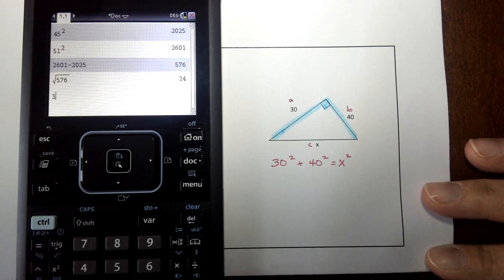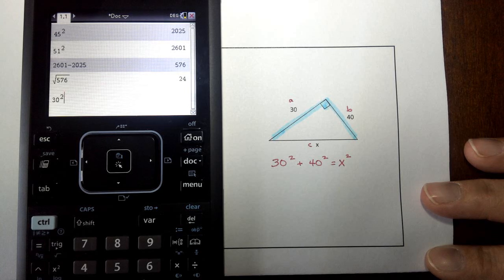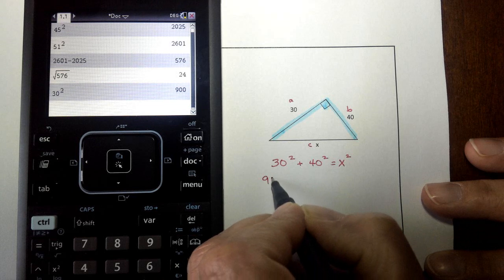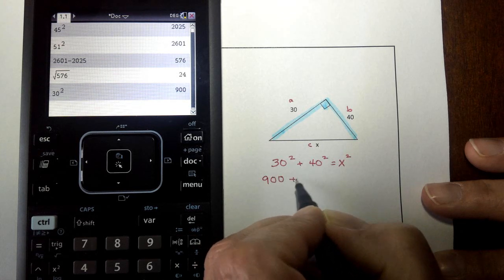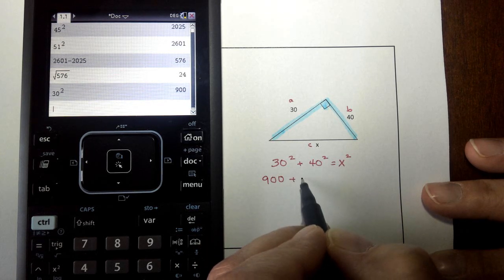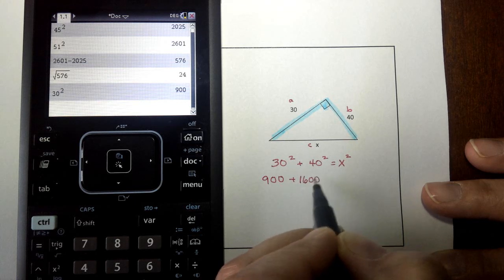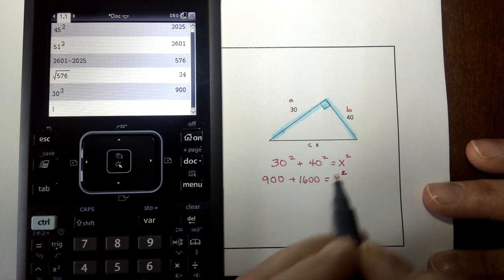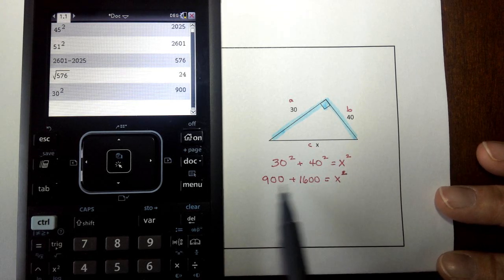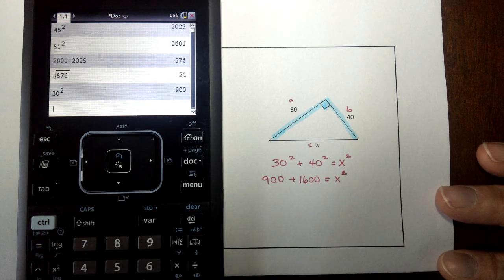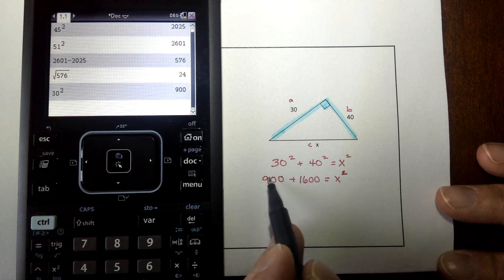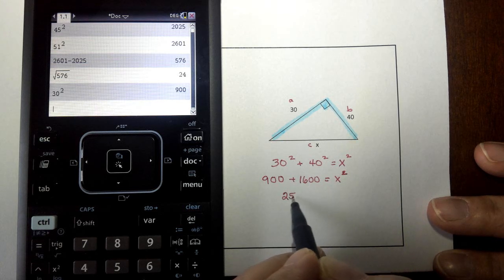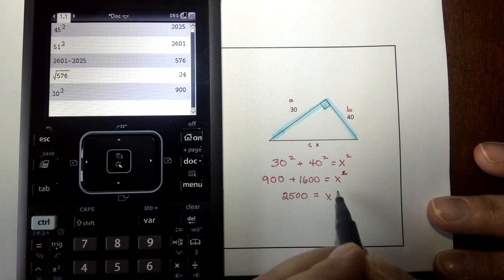30 squared, well, 3 times 3 is 9, so 30 squared should be 900, that's right. And 40 squared, 4 times 4 is 16, so 40 squared should be 1600, equals X squared. And you could go ahead and add the 900 plus 1600 in the same step and skip this intermediate step. 900 plus 1600 is 2500 equals X squared.